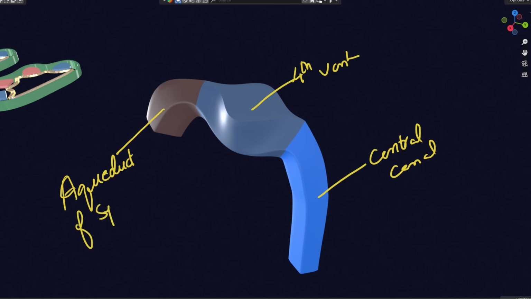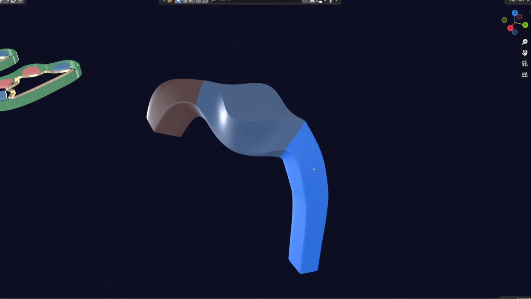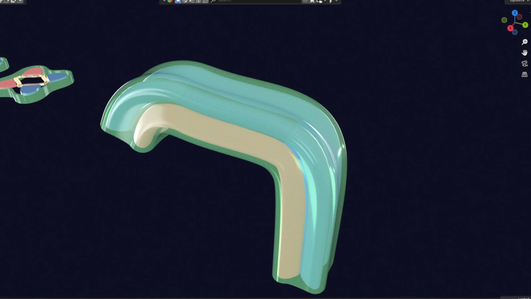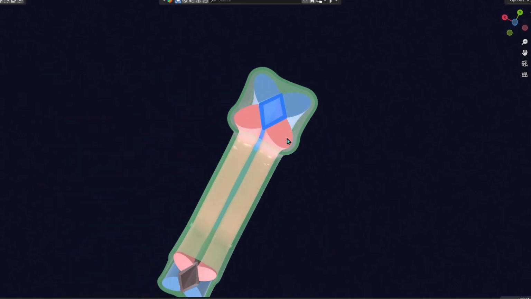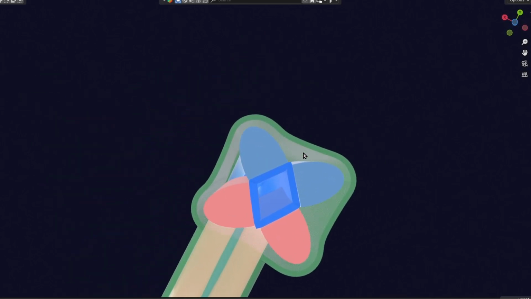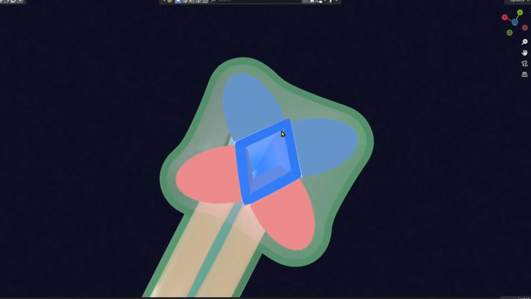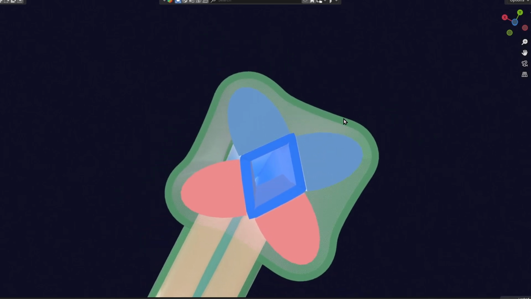Now I have removed a few things in this 3D model previously to keep things simpler. Let's add those things. So if I add all those things, now you can actually see the cross section of developing spinal cord, that the neural tube forms 3 layers. Let me explain these things to you again.